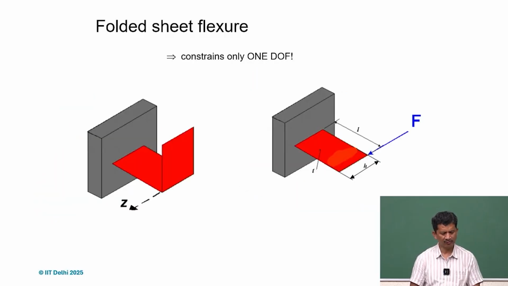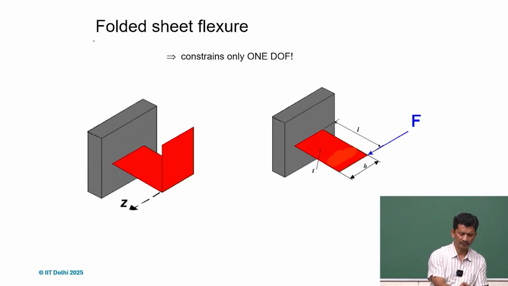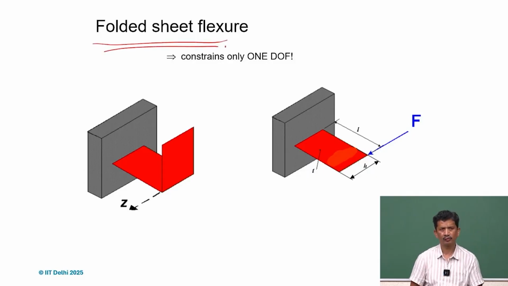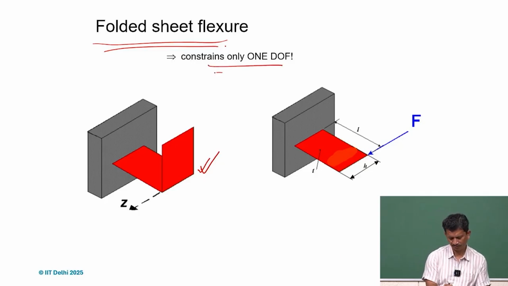So similarly, we have another kind of flexure which is very popular, what we generally call folded sheet flexures. So we take one sheet and then there is a sharp bend. So this is very important. The bend has to be sharp, then only we'll get this property.